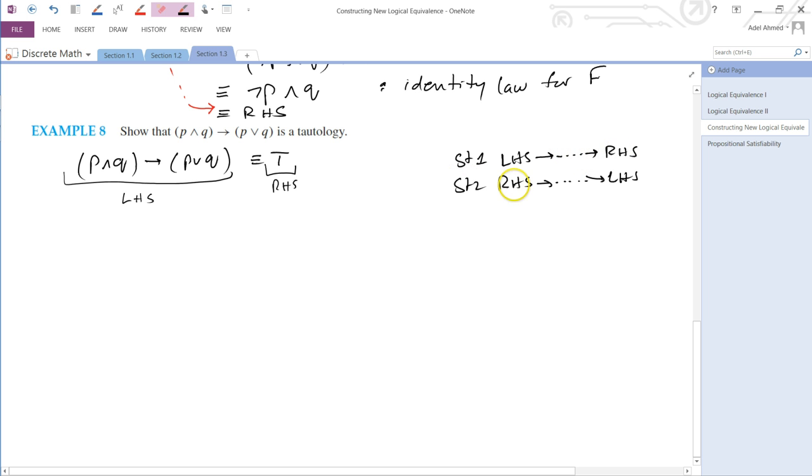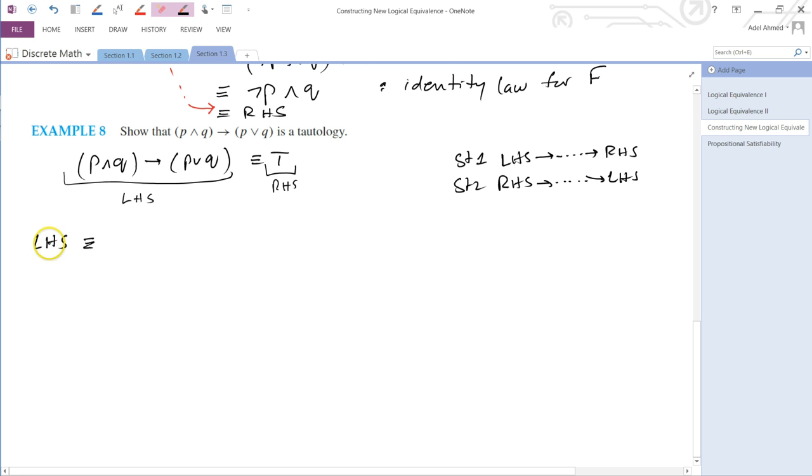But notice strategy number 2 is of no use over here. It's going to be very difficult to start from the right hand side and then come to this. So I believe that strategy number 1 is the best strategy to use over here. So let's start with the left hand side.